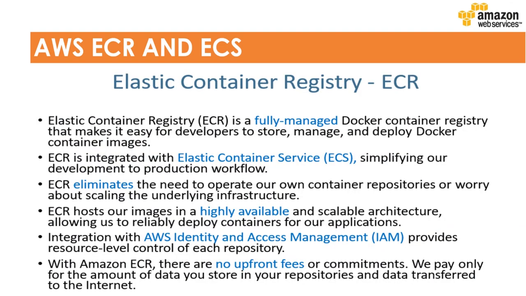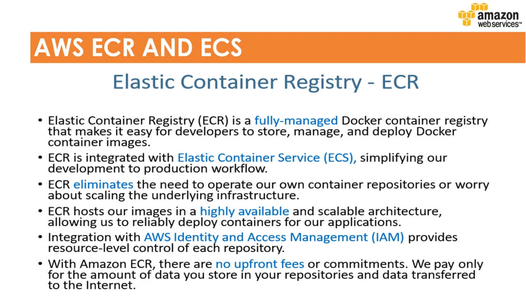ECR, the Elastic Container Registry, is a fully managed Docker container registry that makes it easy for developers to store, manage, and deploy Docker container images. ECR is integrated with Elastic Container Services, simplifying our development to production workflow. ECR eliminates the need to operate our own container repository or worry about scaling the underlying infrastructure.